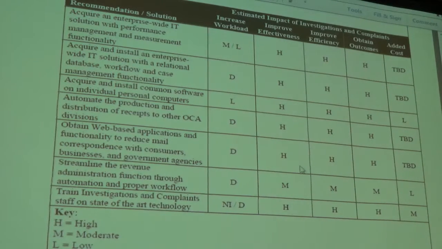And again, we're estimating how these recommendations are going to have an impact on the division, but also on the organization in terms of meeting its mission.